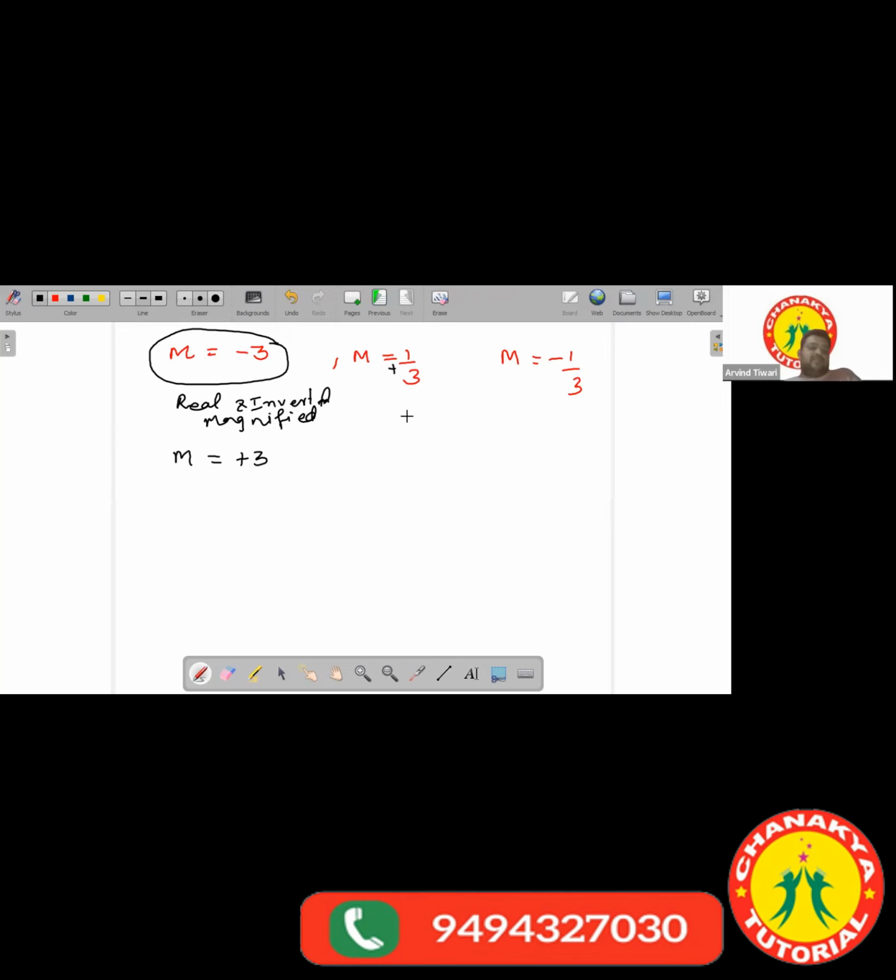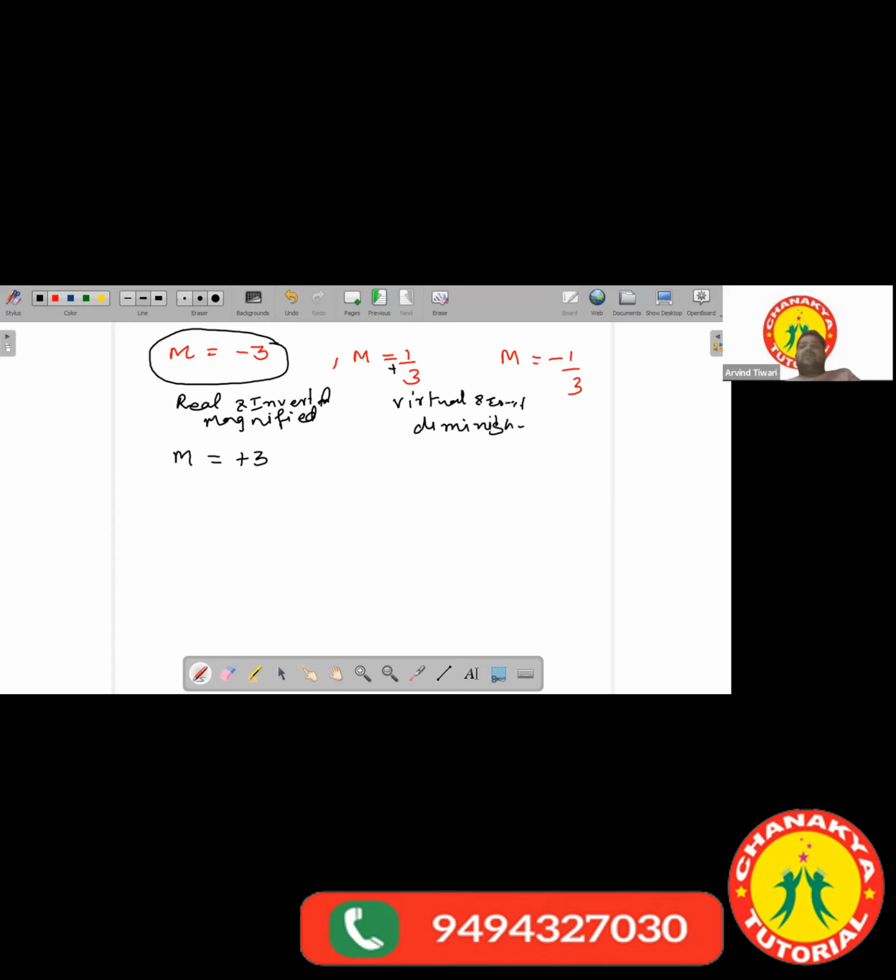That means it's virtual and erect. And what about the size? Diminished. Virtual, erect, and diminished. This is what is understood by this.